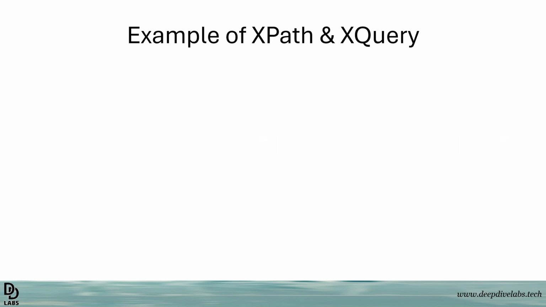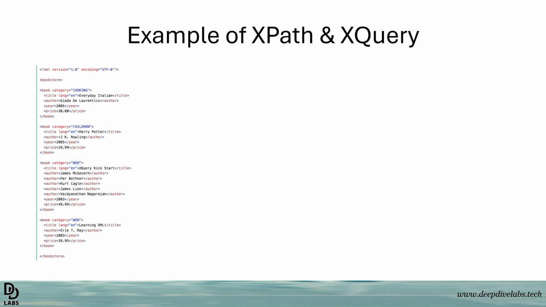How do we go about querying an XML file? Let's take an example of an XML file. In this one, it's a bookstore XML file. You have books, and under each book, the category, the title, the author, the year, and the price of the book.